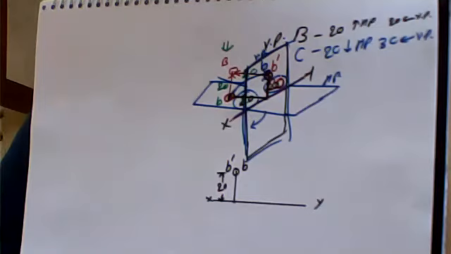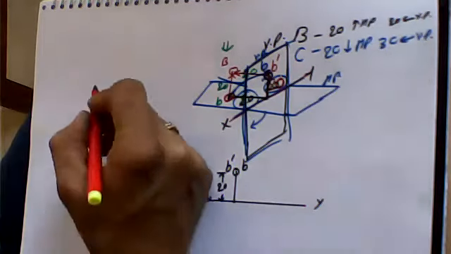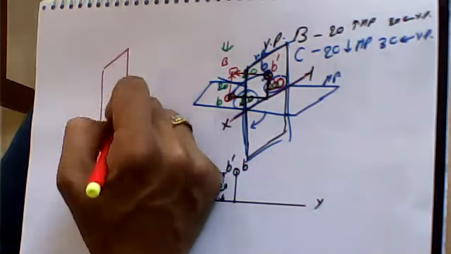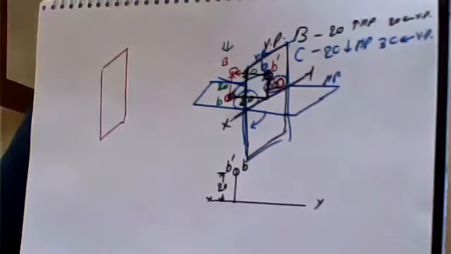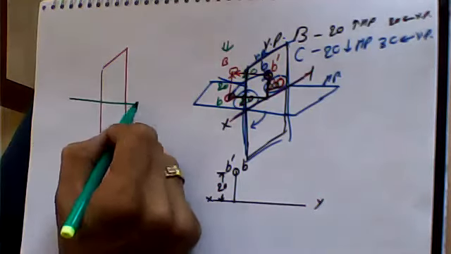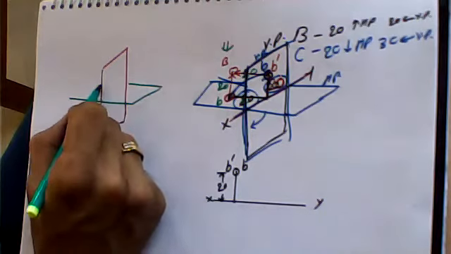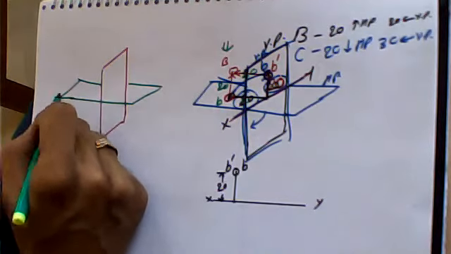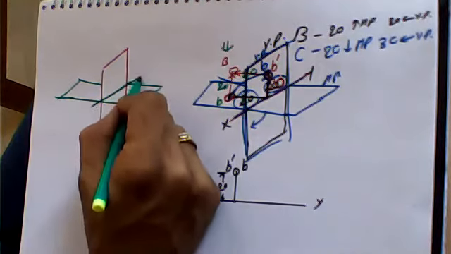The data suggests that point C is 20 mm below HP, 30 mm behind VP. Let us draft the vertical plane, then a horizontal plane. Okay, this is the reference region.